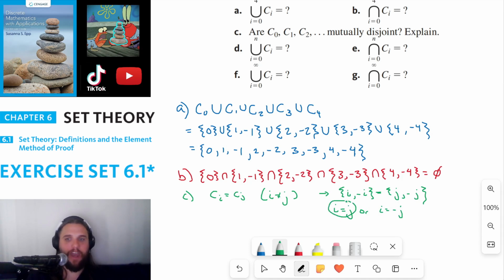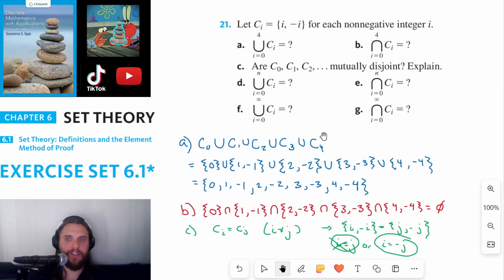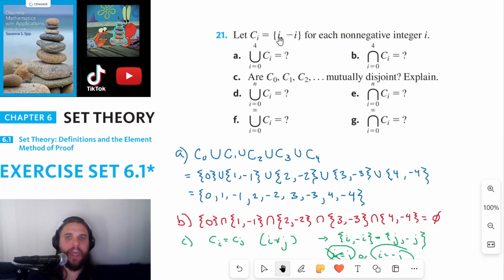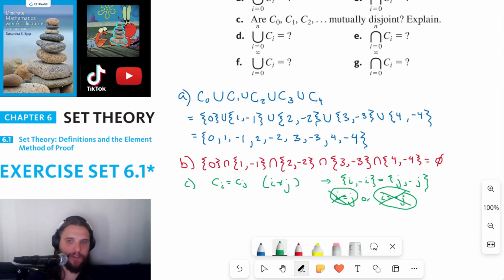Now, i cannot equal j because by assumption, i doesn't equal j. But if i equals negative j, then we have two indices that are negatives of each other, even though C sub i is only defined for each non-negative integer i here. So there are no C sub negative any numbers. And so this is impossible too.